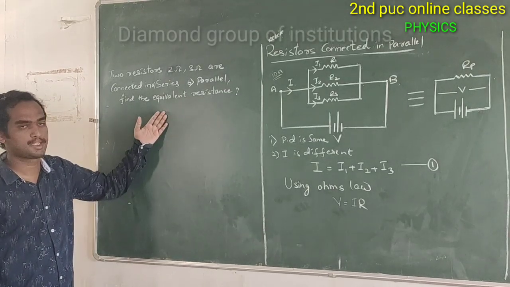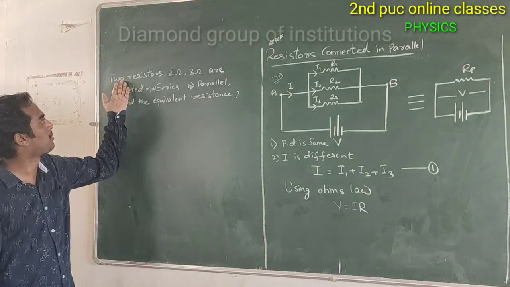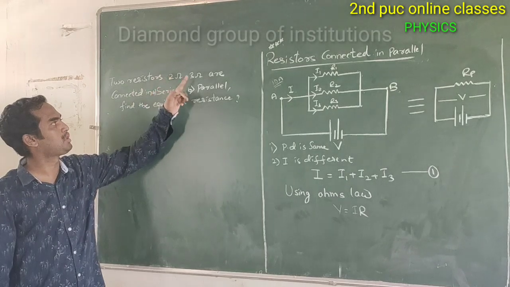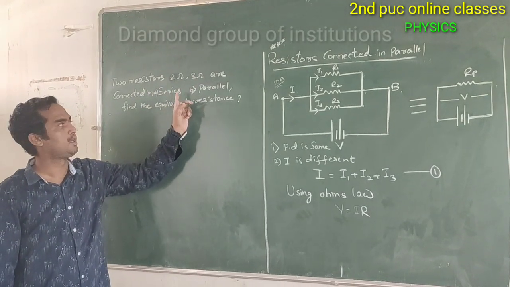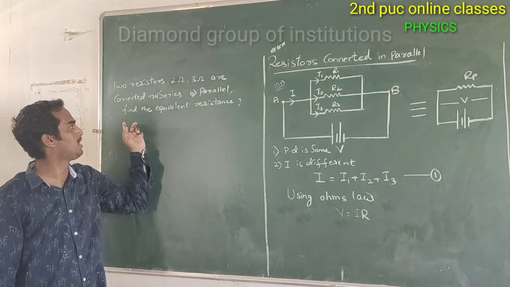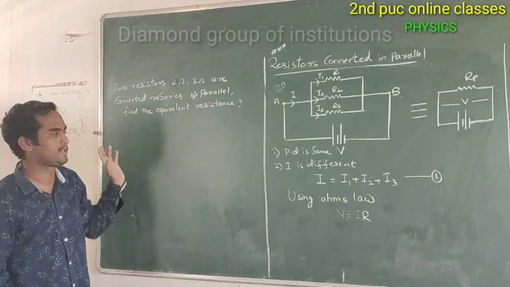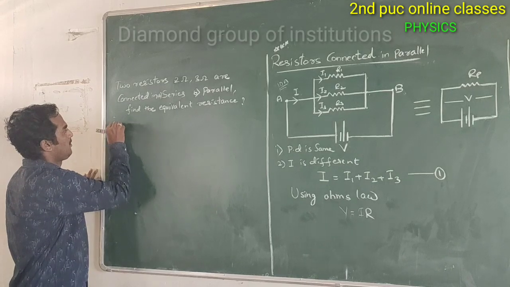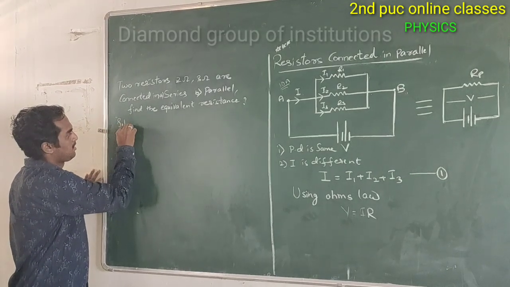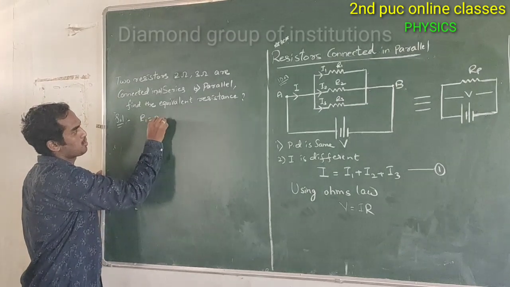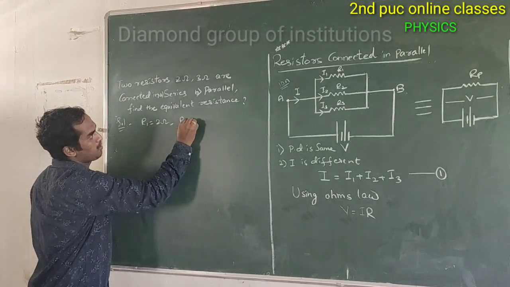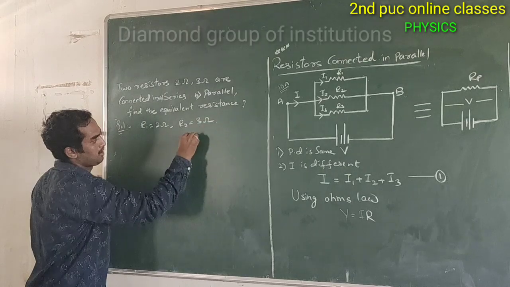If you take a simple example, see this problem. Two resistors, 2 ohm and 3 ohm, are connected first in series combination, next in parallel combination. Then find the equivalent resistance. So we can write the solution. What are the given values? R1 equal to 2 ohm. Next, R2 equal to 3 ohm.